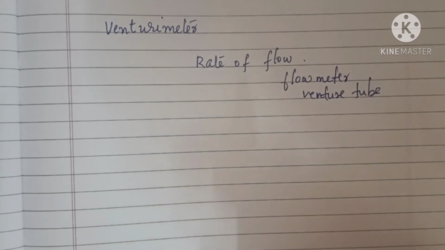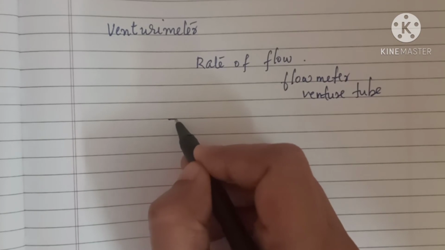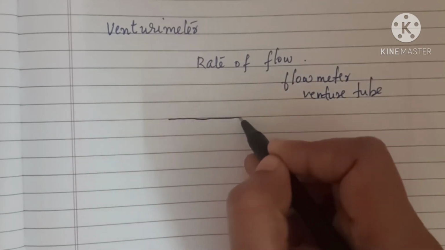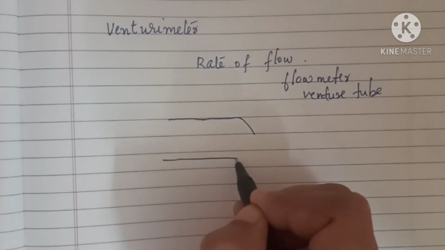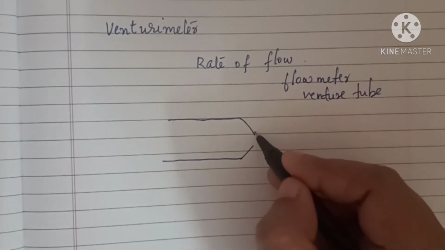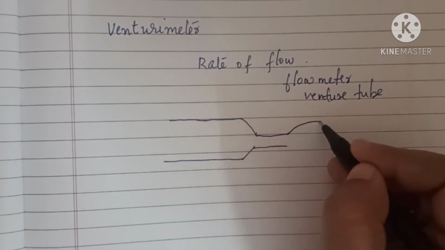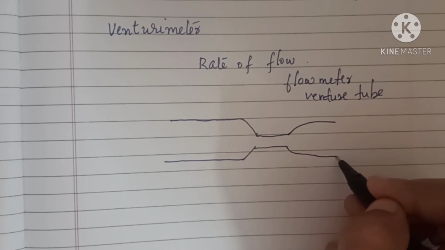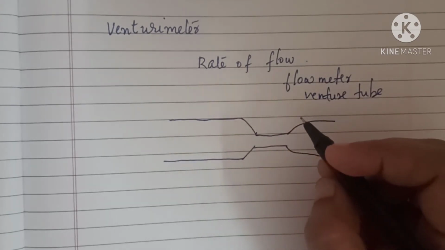Now here, it consists of a horizontal tube like this, having a wider opening of cross section.